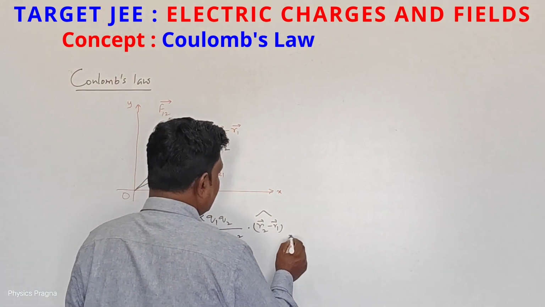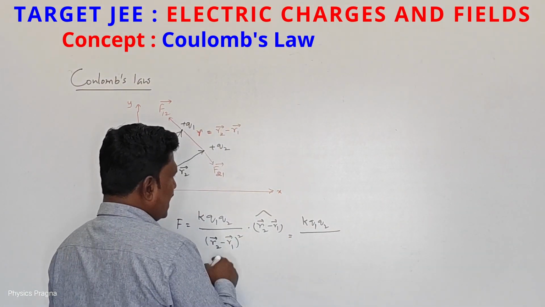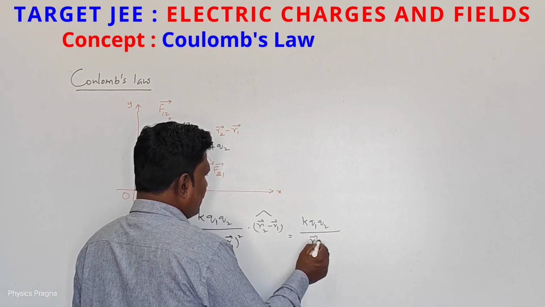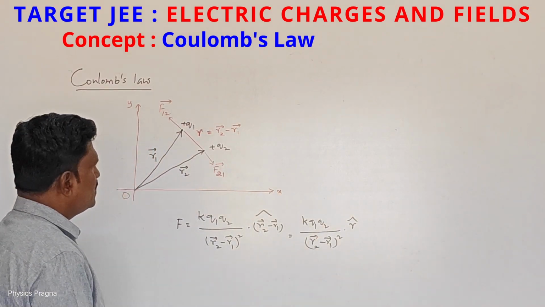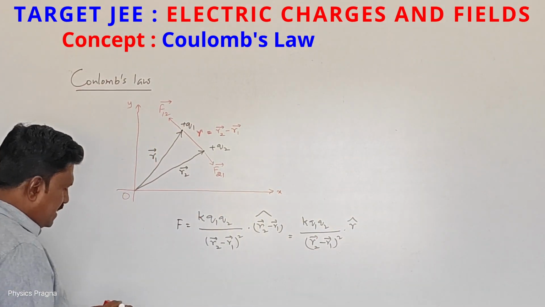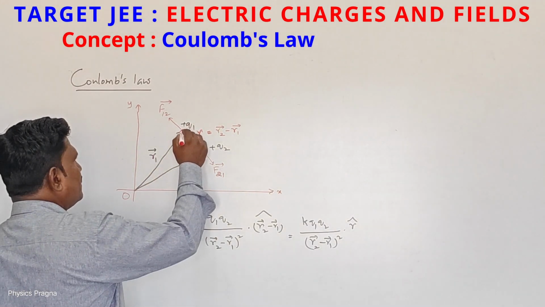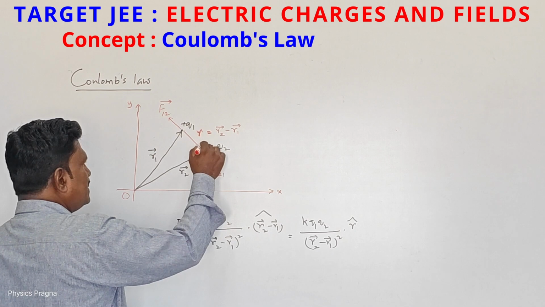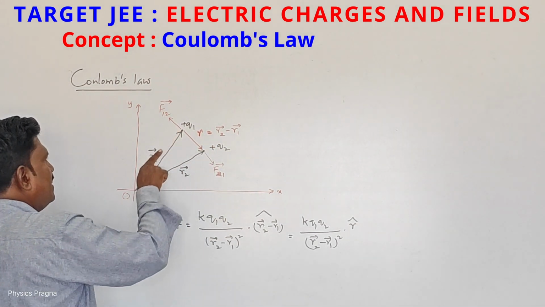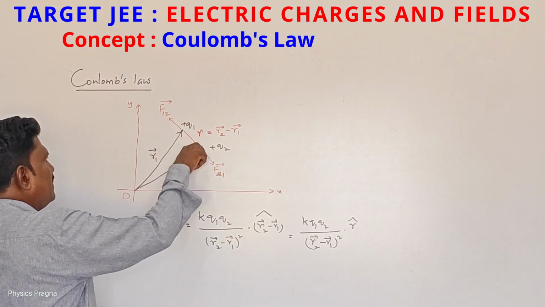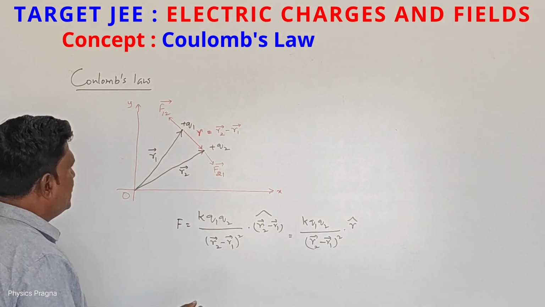So we can also write this as K Q1 Q2 by R square into R cap. You have to remember this formula. Now R is equal to, see, this is a triangle of vectors. This is the direction for Q1 to Q2. So if two forces are represented by the sides of a triangle taken in order, the reverse direction is the resultant.